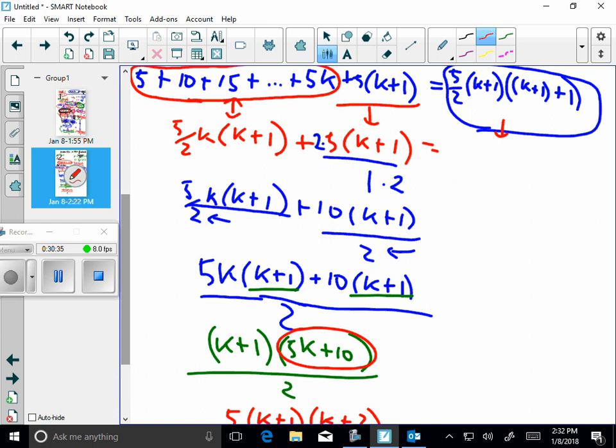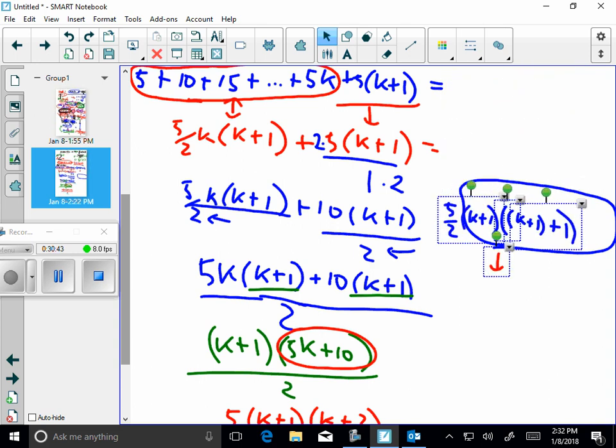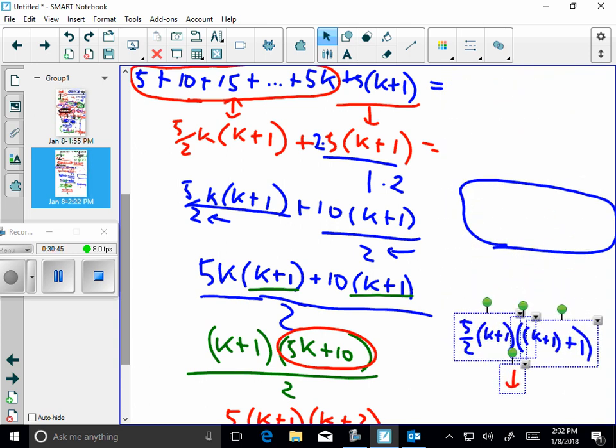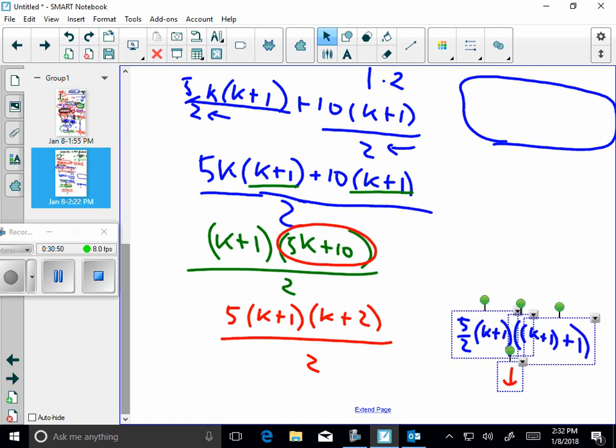All right, I'm going to grab this and bring it down. It's really close, but it's not exactly the same. Same problem as last time. See that 2 there?